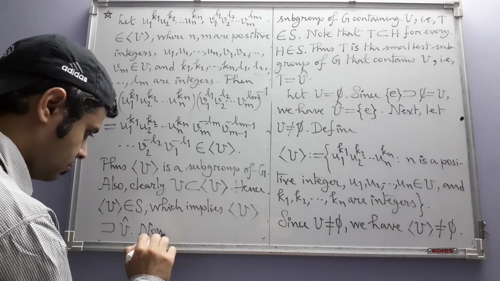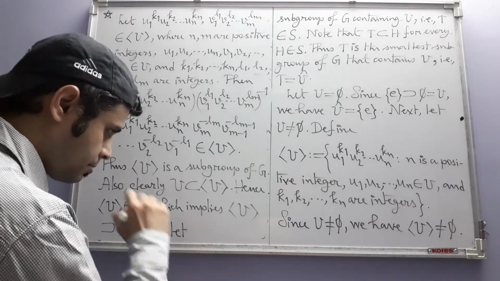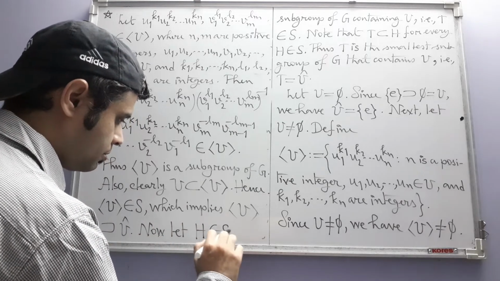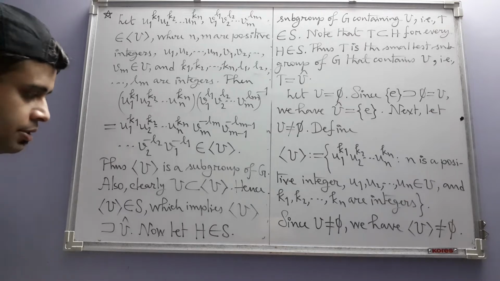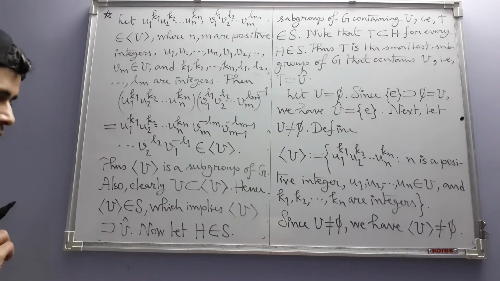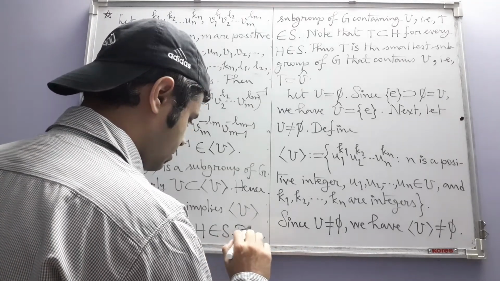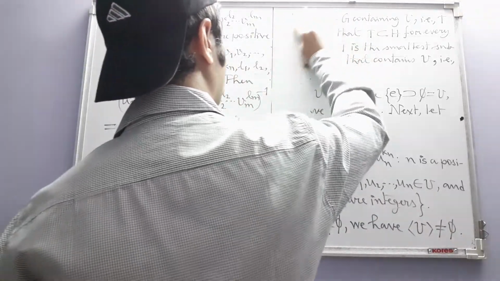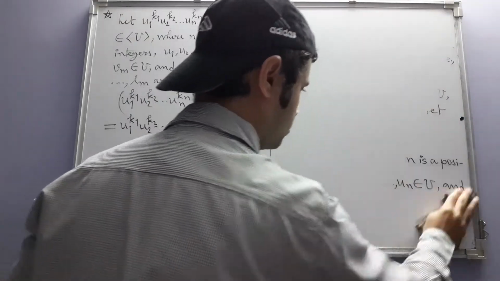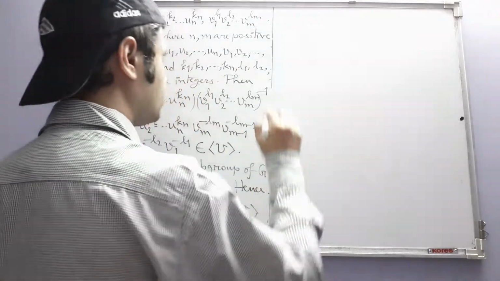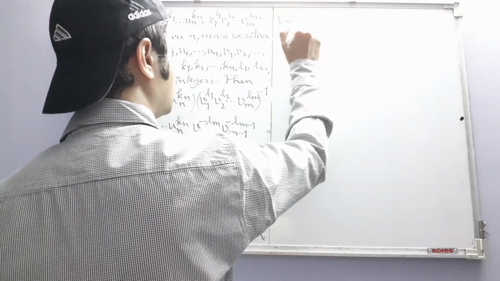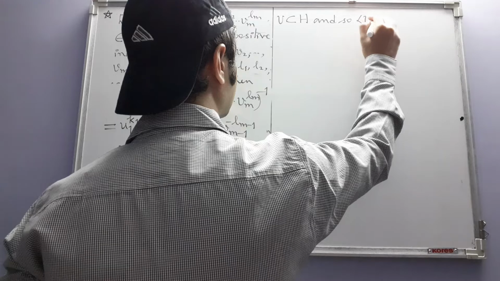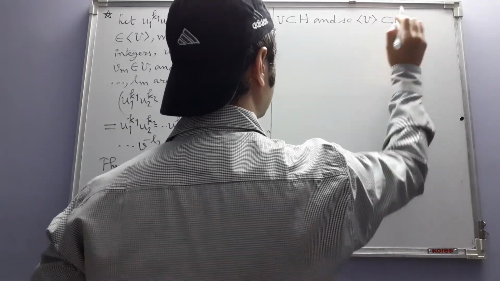Now, let H belong to S, that is H is any subgroup of G containing the subset U. Then U is contained in H, and so this is also contained in H. Why?